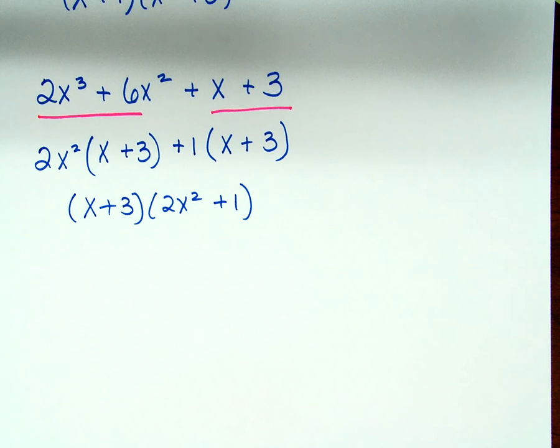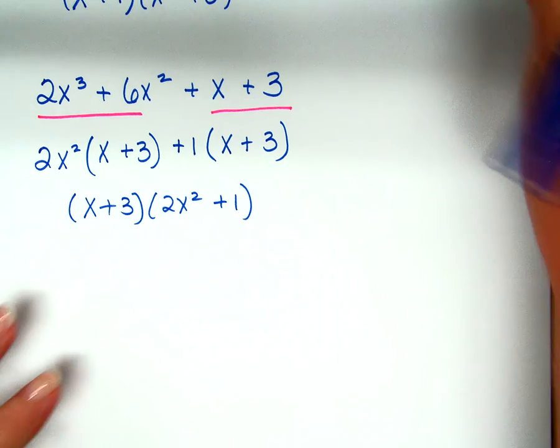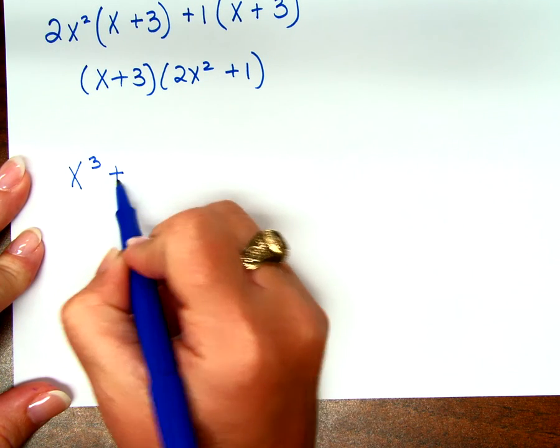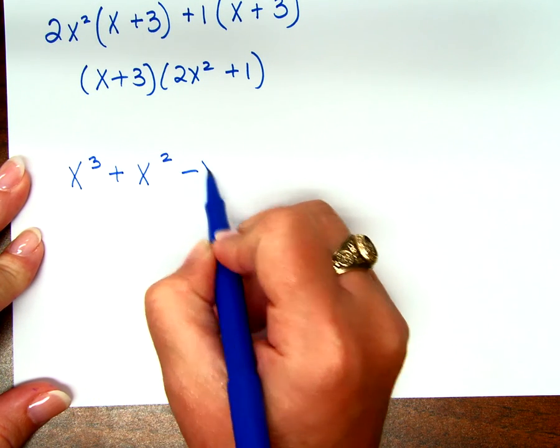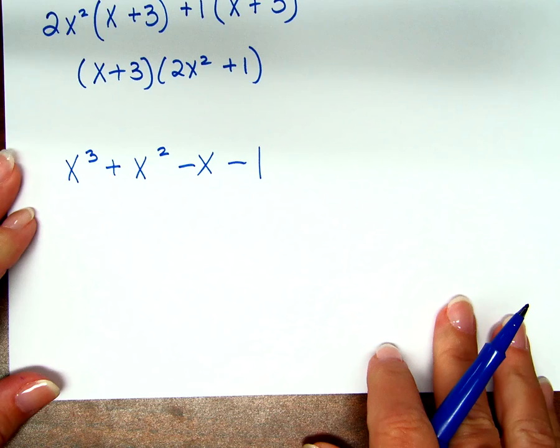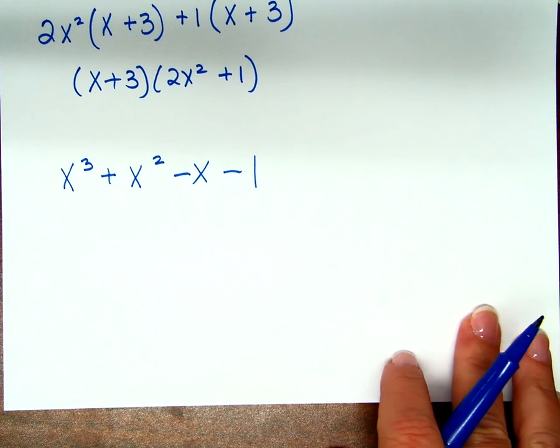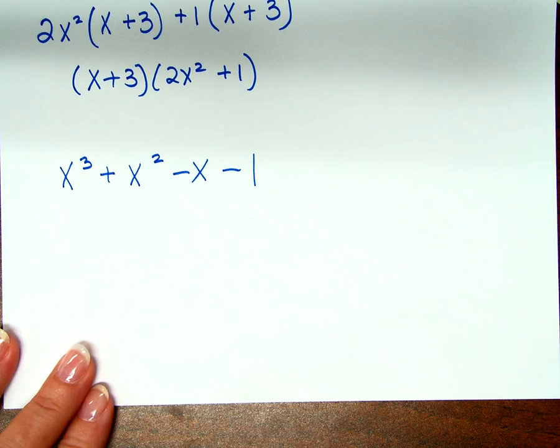I need to do one more for you. Okay? X cubed plus x squared minus x minus 1. How am I going to factor this? By grouping, right? How do I know I'm factoring by grouping?